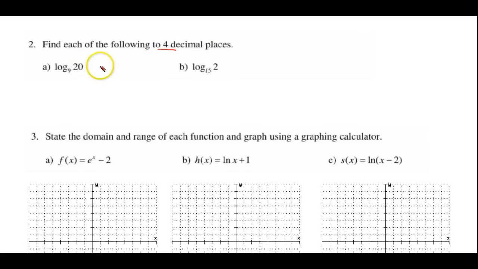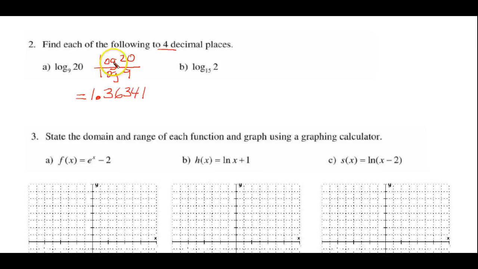And for this, we're going to use the change of log formula, which is, if you recall, log, and this is common log of base 10 of 20 divided by log base 10 of 9. You put that in your calculator, and I'll do that right now.